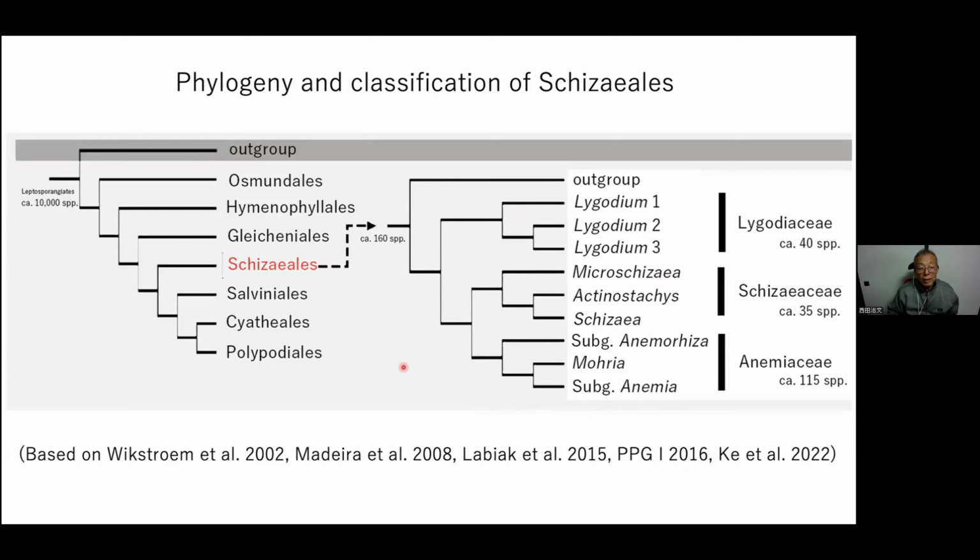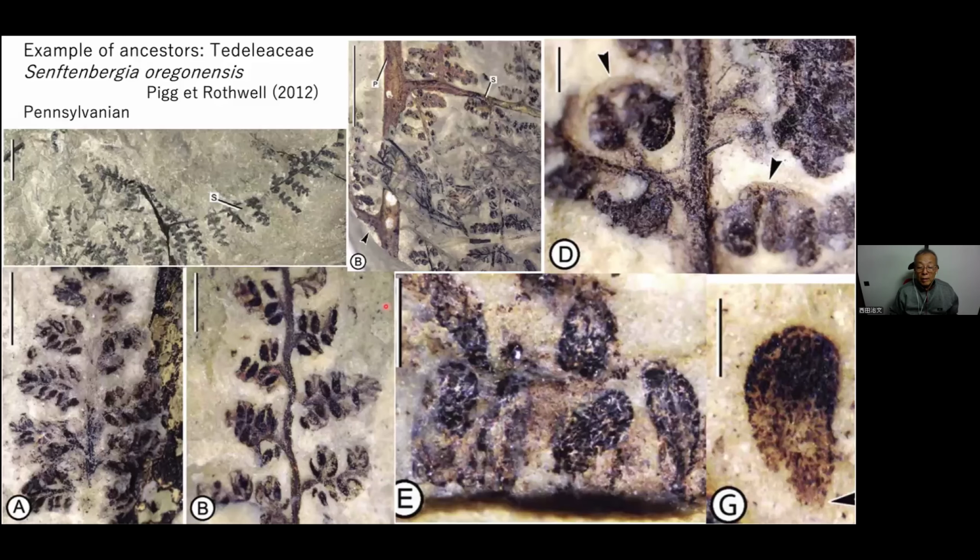But these are the molecular phylogeny, basically, and we do not know anything about the early diversification of Schizaeales ferns. And when we talk about the origin of the Schizaeales, we have to go back to the Carboniferous leptosporangiates. And the morphology of these Carboniferous ferns are quite different from the present ones.